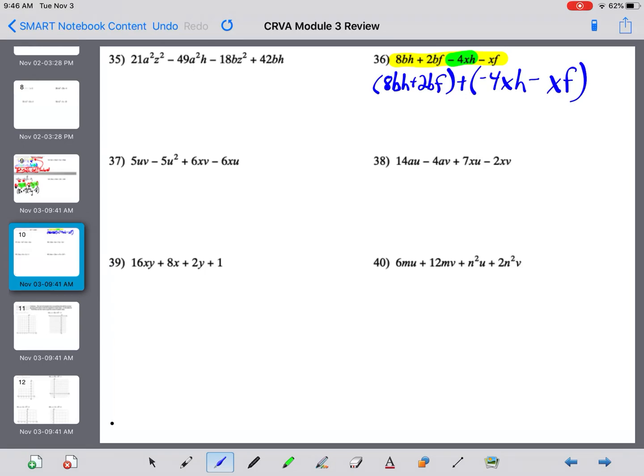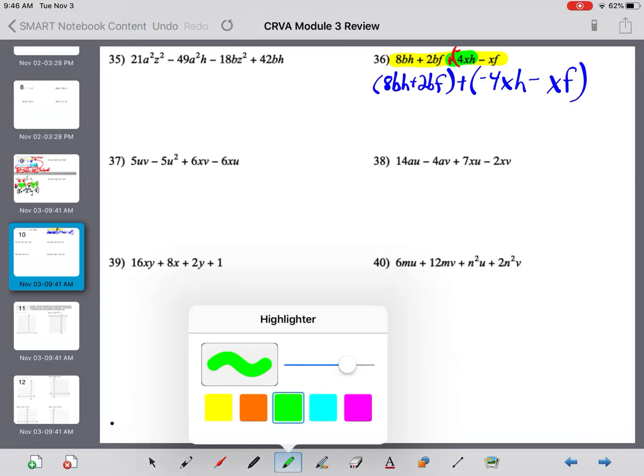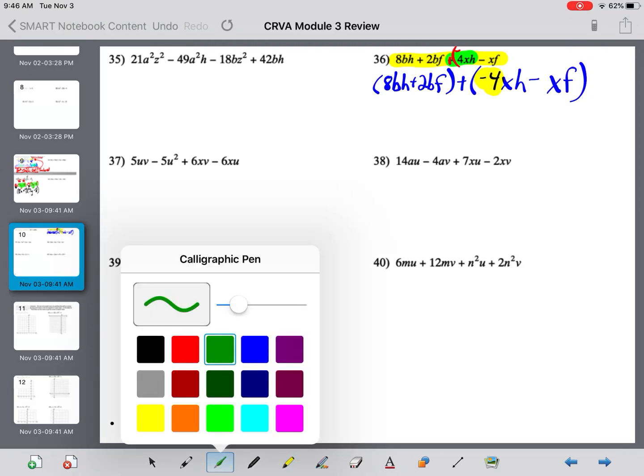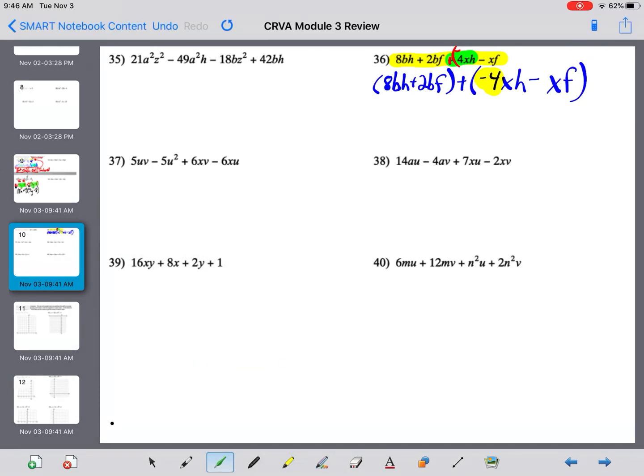If this was a paper test, we were in person, it might help to rewrite it, or you'd have to just get really careful about how you chop, slash, and carve your parentheses in there. But let's proceed. Again, the key is if your third term's negative, make sure you have that negative sign in the parentheses. All right, let's factor by grouping, folks.